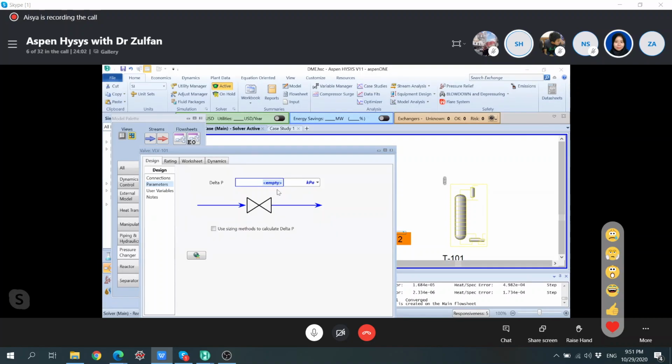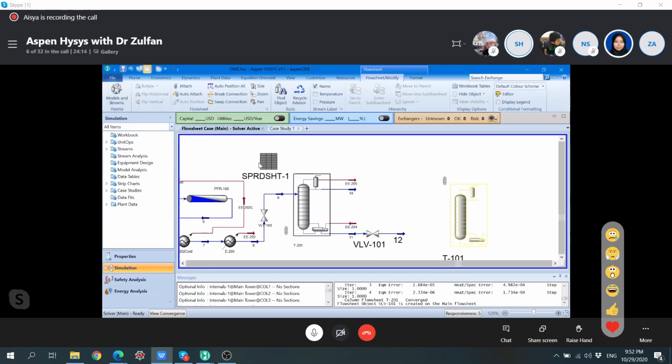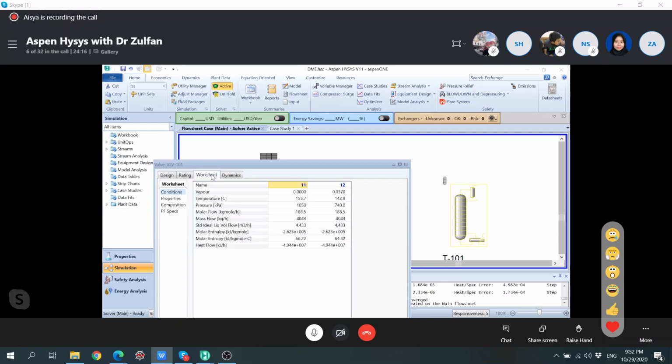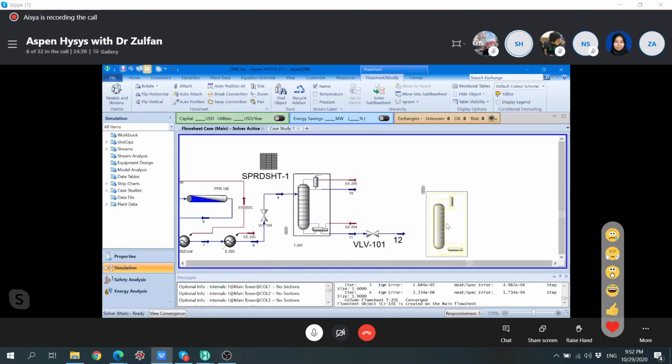Double click and then go to worksheet. There, you can see it. You're coming in with 10.5, and your stream number 12 is 7.4. So in this valve, you specify the delta P.